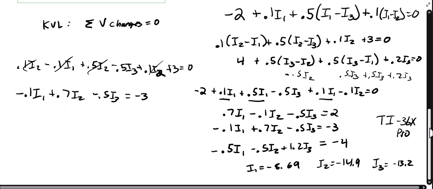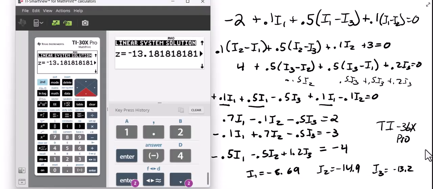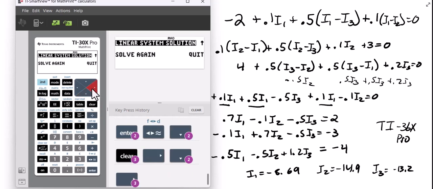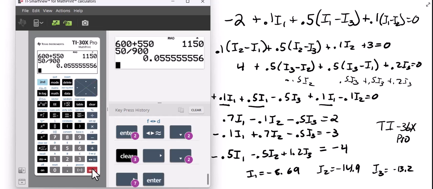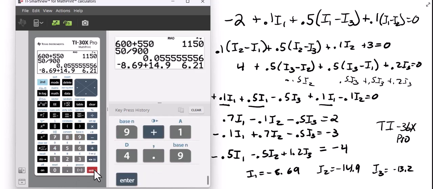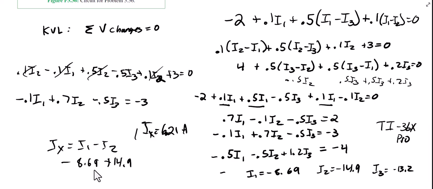And then if we remember, we said that Ix was I1 minus I2. So minus 8.69 plus 14.9 is 6.21 amps.